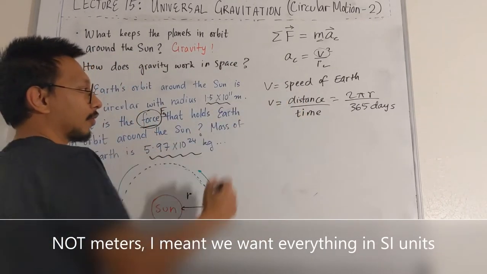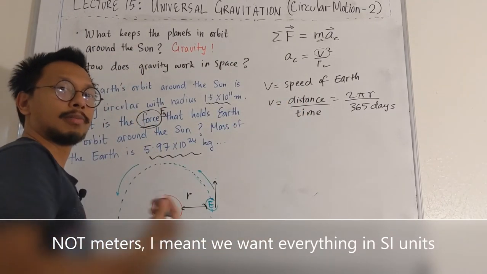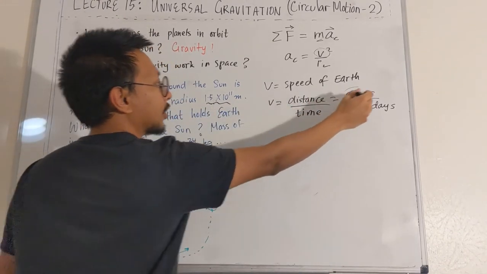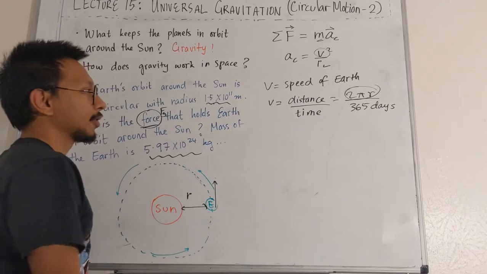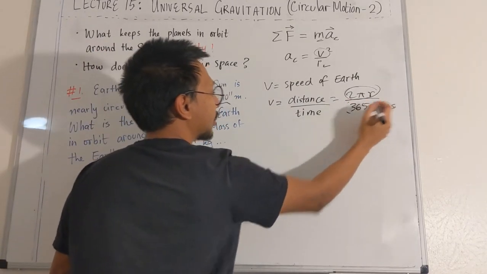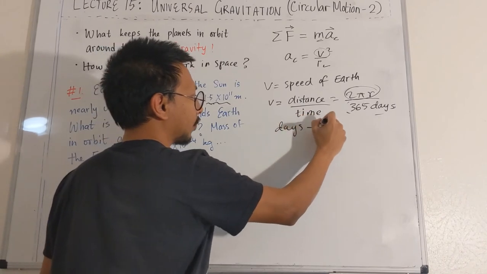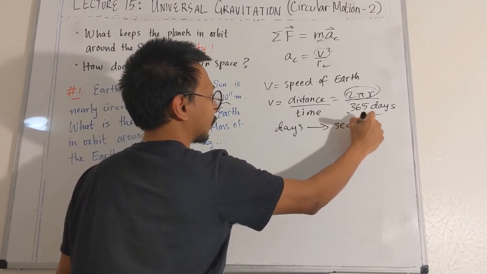Okay, so first of all, we want everything in meters. This is already in meters because r is given in meters. And 365 days is not an SI unit, so we want the days to be converted to seconds.